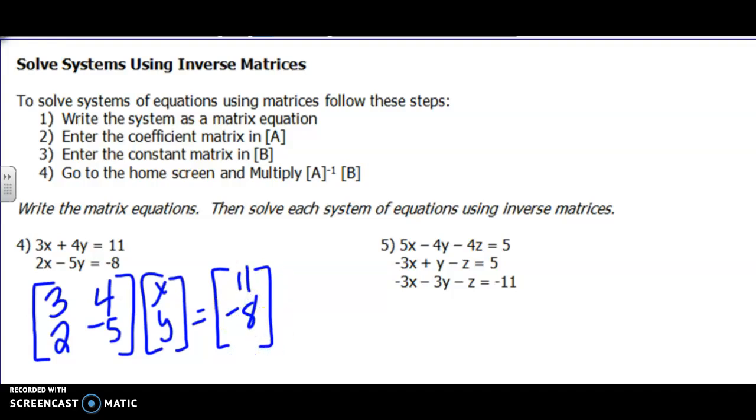So here are your directions right here. And they're pretty simple. They're pretty cut and dry. If you look at what it says, the coefficient matrix is always going to be matrix A. The answer matrix is always going to be your matrix B. That's very important. So constant means the answer, what the equations were equal to.